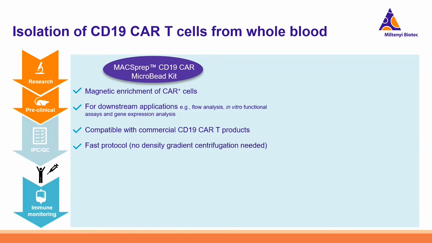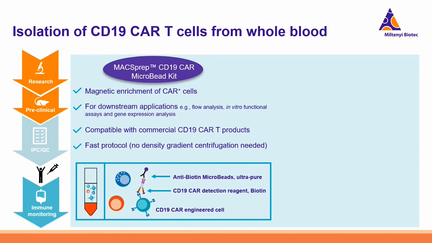The kit includes buffers for erythrocyte aggregation and sedimentation, and the staining reagents for the subsequent labeling of the CD19 CAR engineered cells. So first, the CD19 CAR is recognized by the CD19 CAR detection reagent biotin, with which you are already familiar now. And then magnetic anti-biotin microbeads are employed to allow for cell separation.